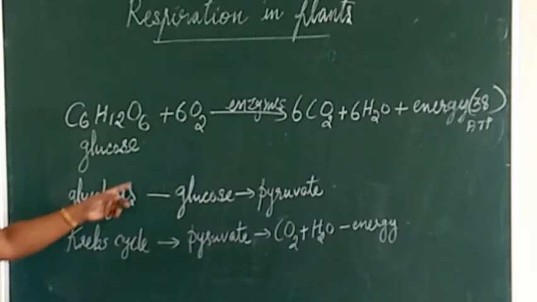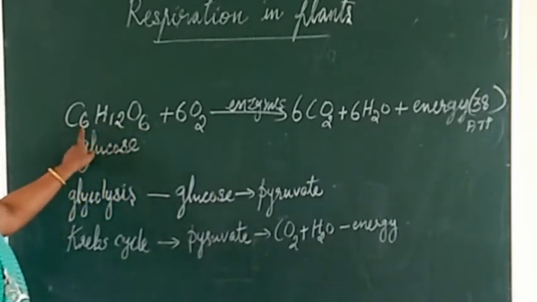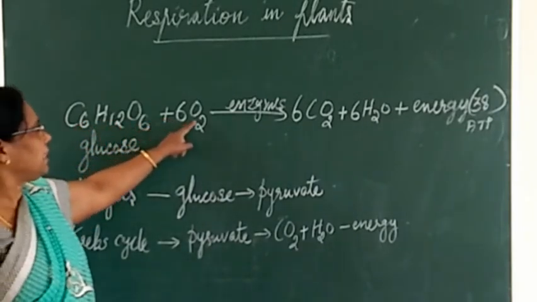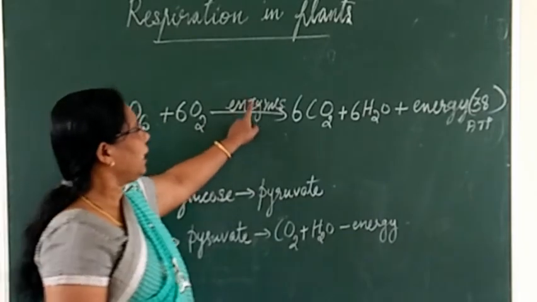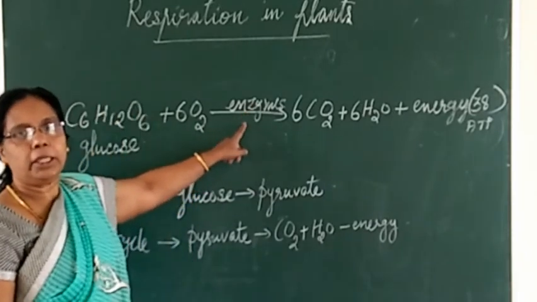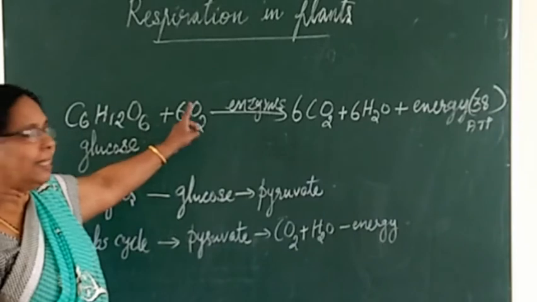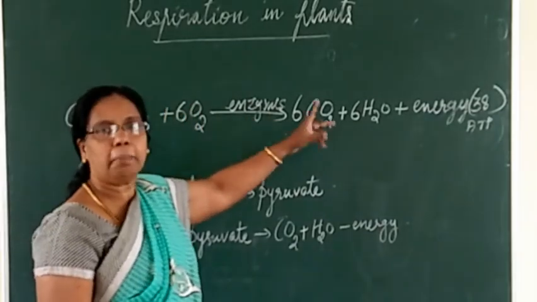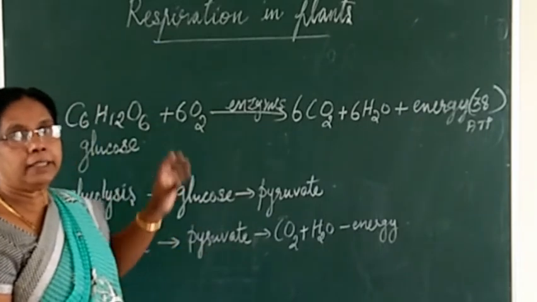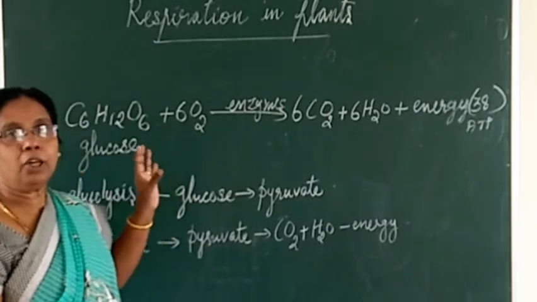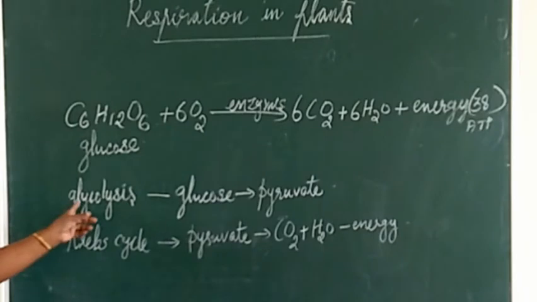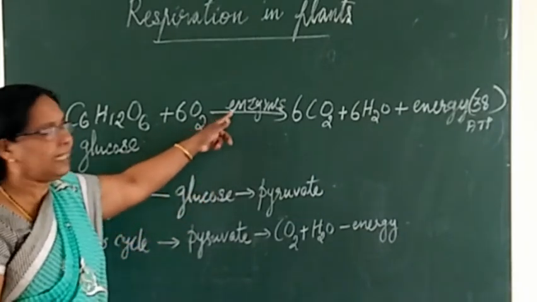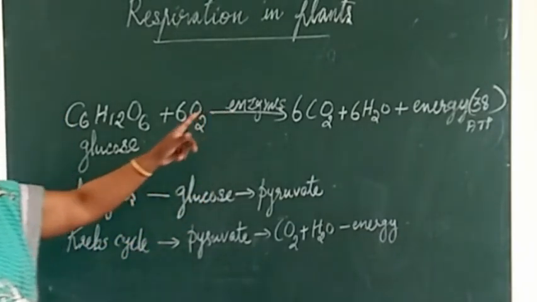So here, when I wrote the equation C6H12O6 plus 6O2 gives 6CO2 plus 6H2O, on top of this equation I wrote enzymes. That means when glucose is converted into carbon dioxide and water, certain enzymes work on it. Here I have not mentioned them, but the entire equation is represented.